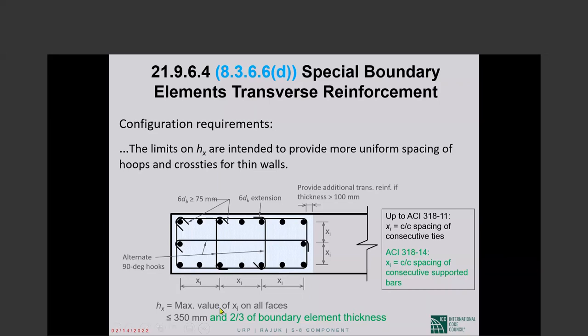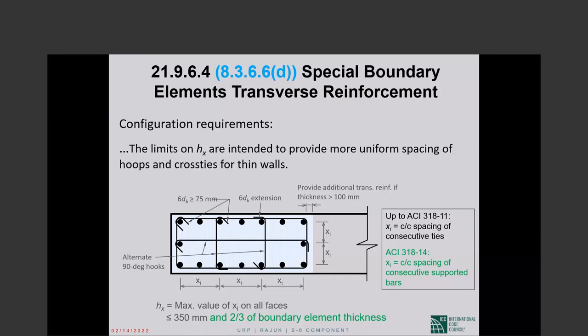So X sub I is the spacing as you go around the perimeter, and the highest value of X sub I is H sub X, and that cannot exceed 350 millimeters. 318-14 has added that the maximum spacing cannot also exceed 2/3 of the boundary element thickness.